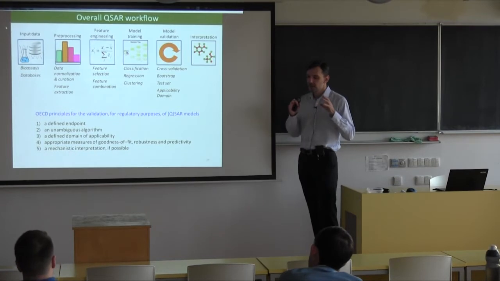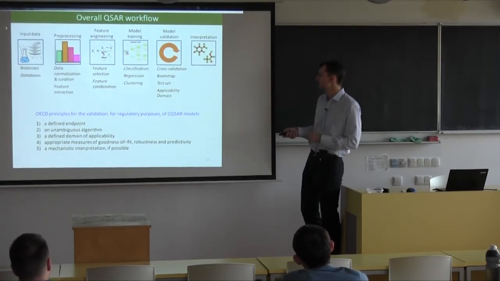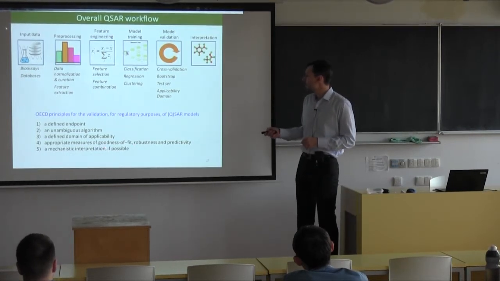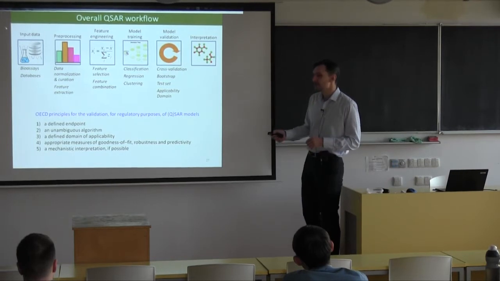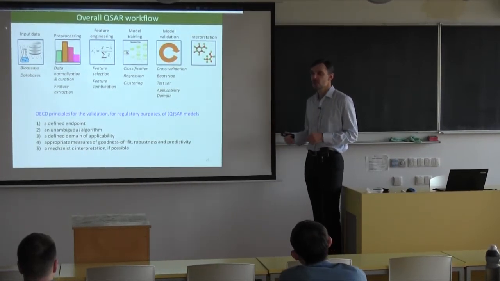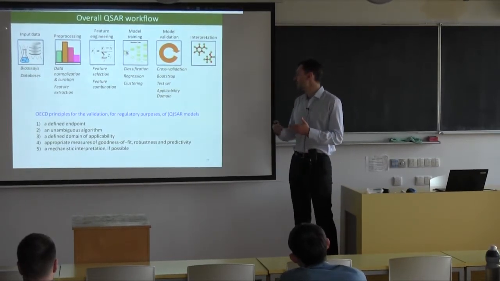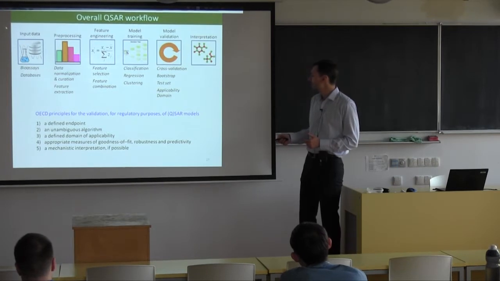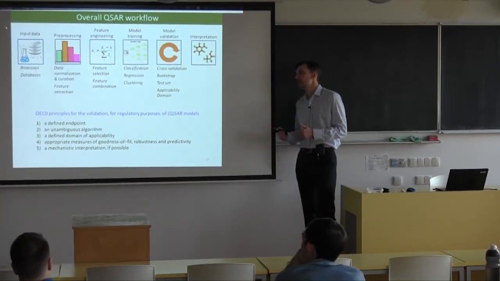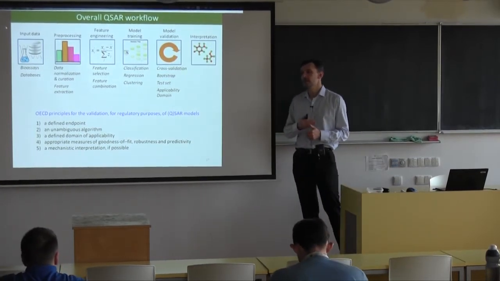They have subspaces where they are more confident than in others, and this should be defined for the model. They should also have appropriate measures of goodness of fit, robustness, and predictivity. So this model should be validated statistically to show that it is really useful, at least in retrospective validation. And if possible, those models should be interpretable to better understand the reasons why the model makes one or another decision.